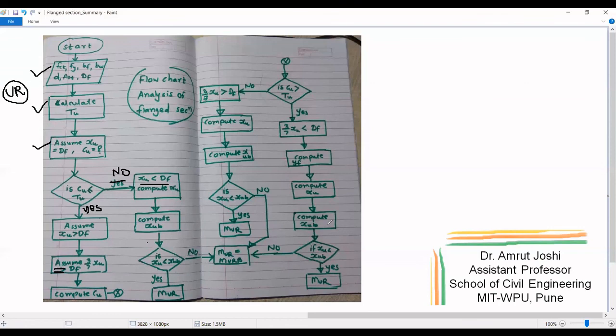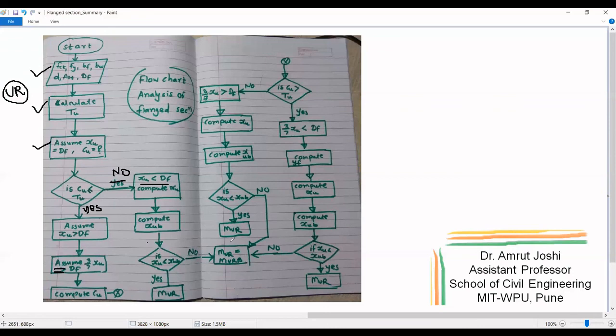We compute xub. We check if xu is less than or equal to xub. If yes, then it is an under reinforced section or at the most a balanced section. Then we compute the moment of resistance of the section using the case 3/7 xu less than Df. If no, then the section is over reinforced. In such a case, we prescribe Mur equal to the moment of resistance of a balanced section.